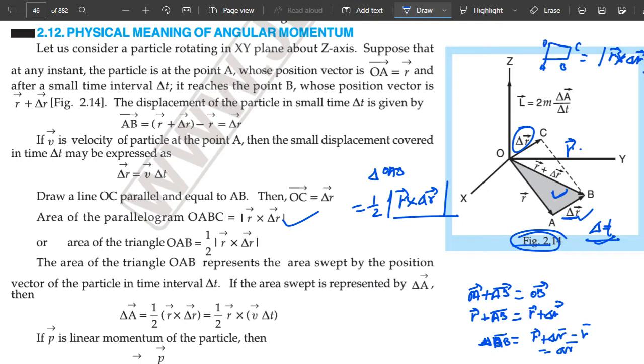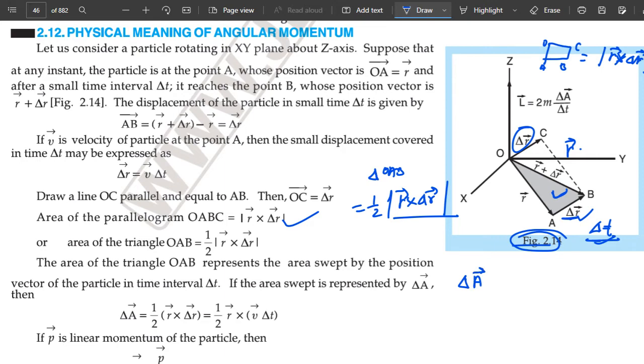Now this is a very small area. We denote this area by delta A, the area of the small triangle OAB. This is delta A, right? And this is a vector quantity. The area of this small triangle is half R cross delta R.